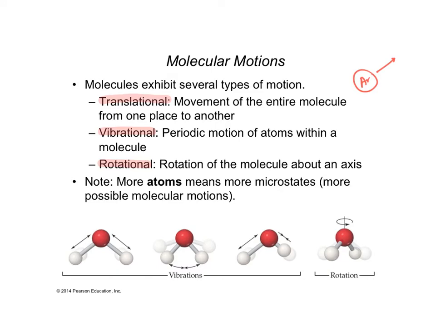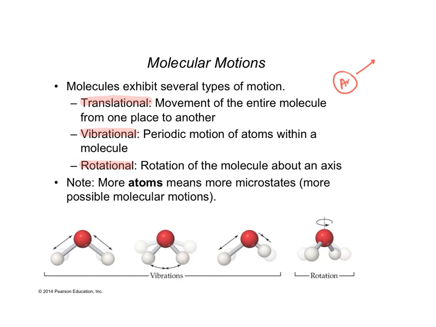So lots of different ways that molecules can disperse energy within themselves. It's important to note, more atoms, more degrees of freedom, more microstates, more molecular motion. Also, more bonds, more motion, more degrees of freedom, more ways to disperse energy within themselves.